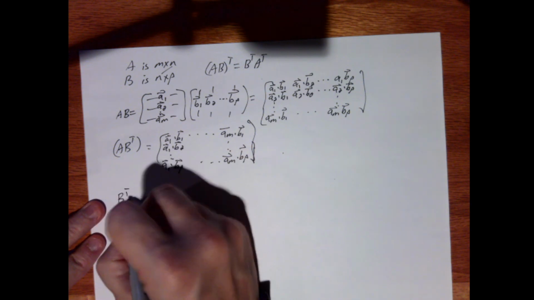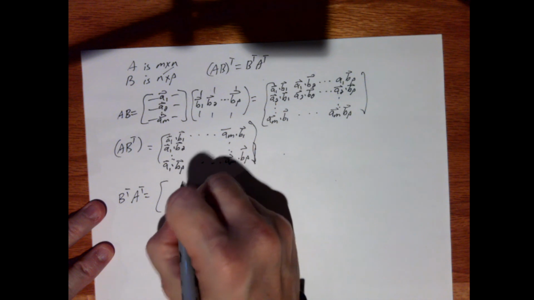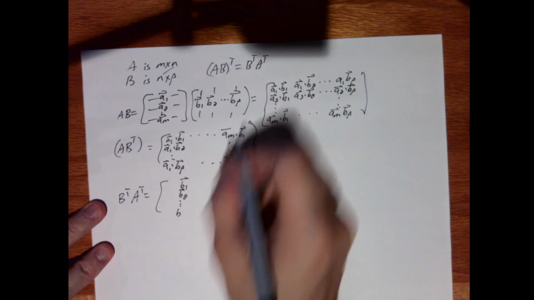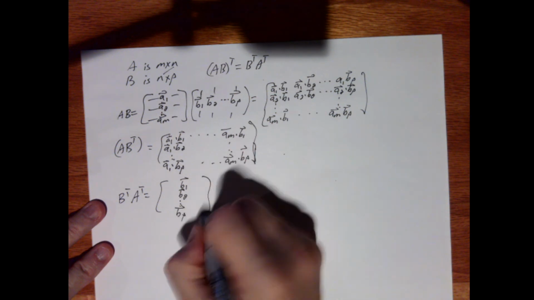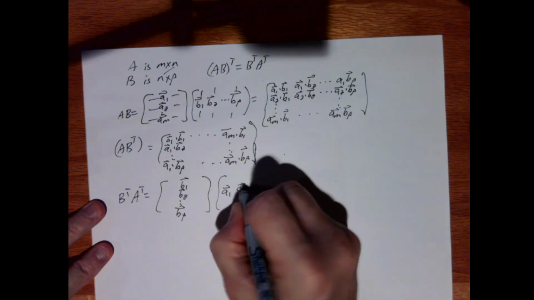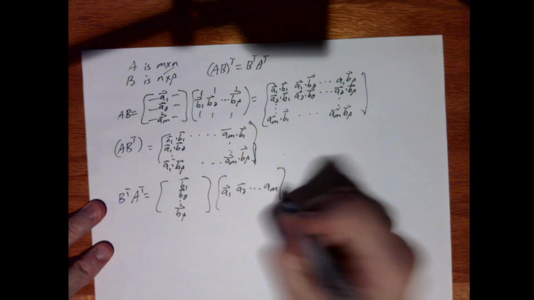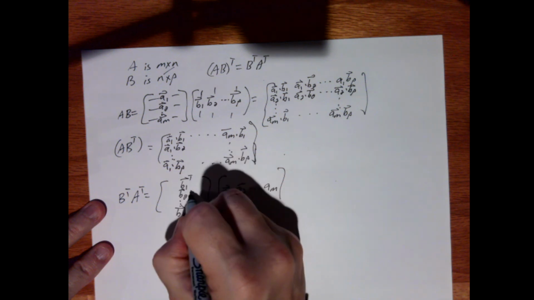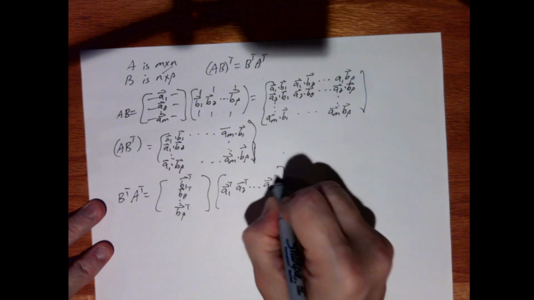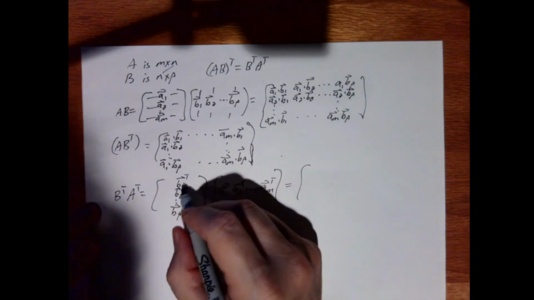So what about the right-hand side? B transpose A transpose means now I have row B1, row B2, dot, dot, dot, row BP, and over here I have column A1, column A2, dot, dot, dot, column AM. Or you could think of these as each being transposed, which is probably better. So what is that?